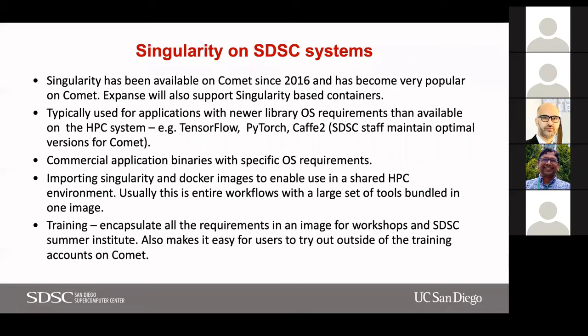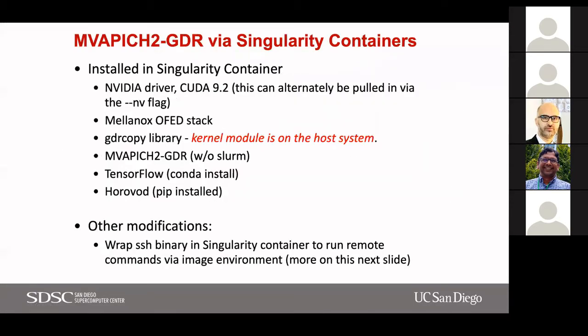And then we have a lot of people who have commercial applications where they have binaries with specific OS requirements, and they don't have options to change that. They don't have the source. So Singularity helps in such cases too. And we've done other things like, in training, we've encapsulated all the requirements in an image, which makes it easy for people to try it out, both on Comet and outside of Comet.